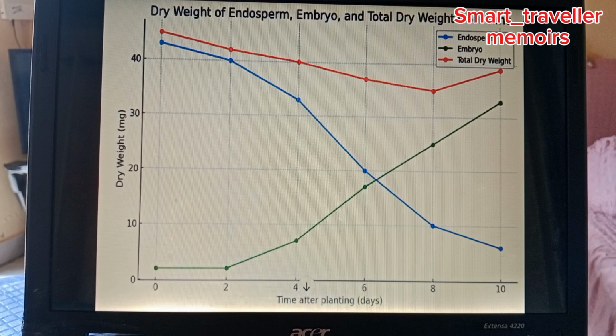We have red for total dry weight, blue for endosperm, and green for embryo. So you can see time after planting in days, dry weight in milligrams.